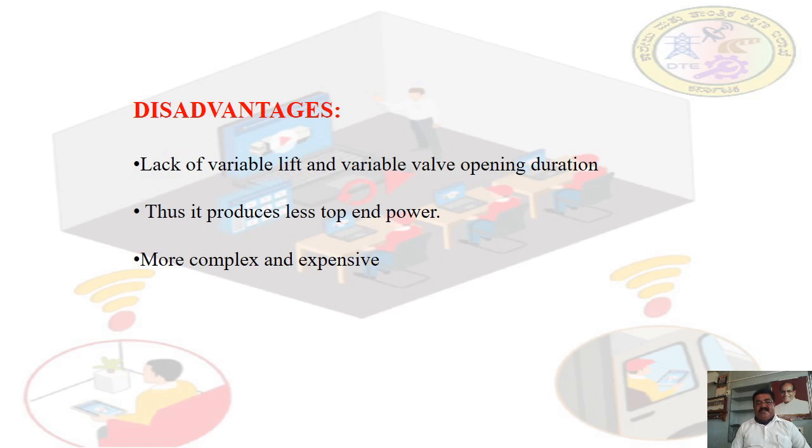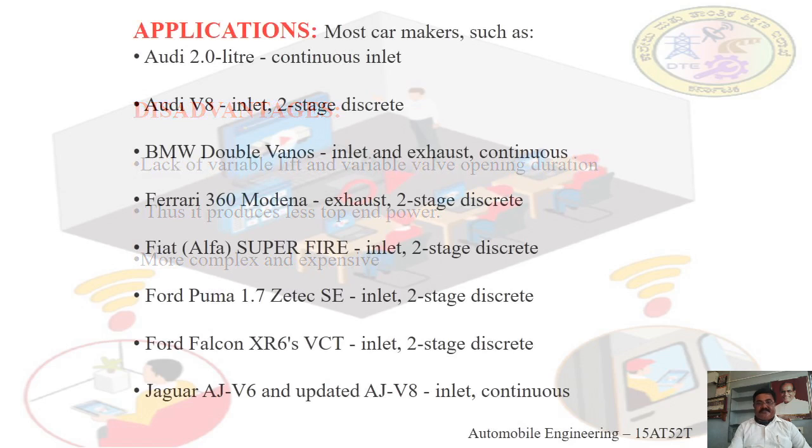Thus it produces less top end power if it lacks variable lift and variable valve opening during the operations. Obviously it gives less top end power, and the whole system is more expensive, and of course this technology is more complex.